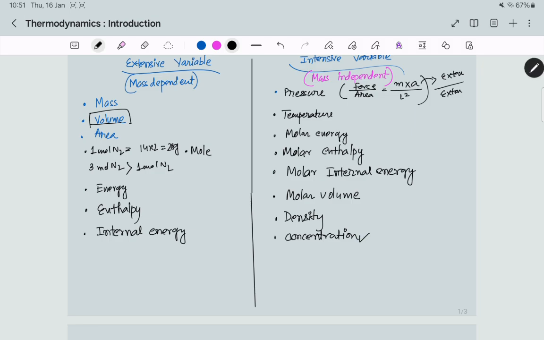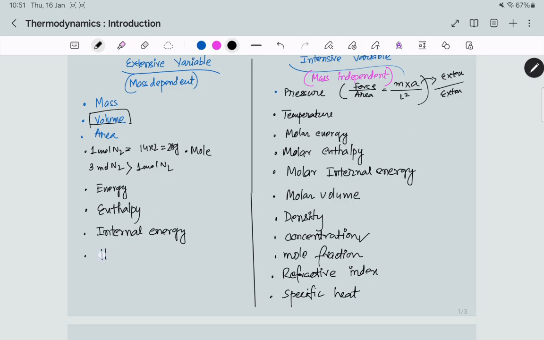Okay, now mole fraction. Mole fraction will be our intensive property. Refractive index, yes, it is our intensive property. Specific heat: only heat is extensive.